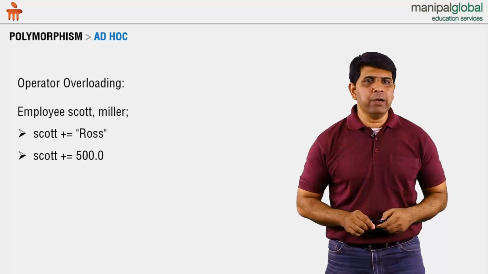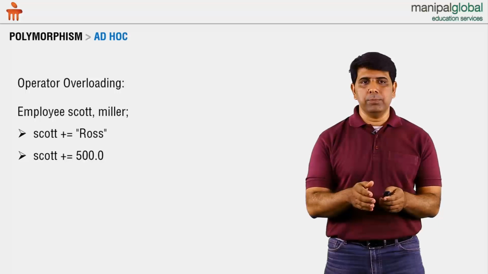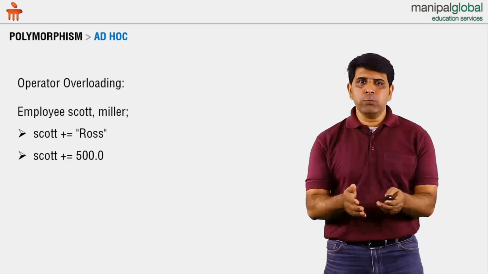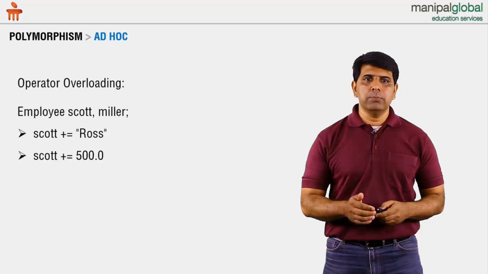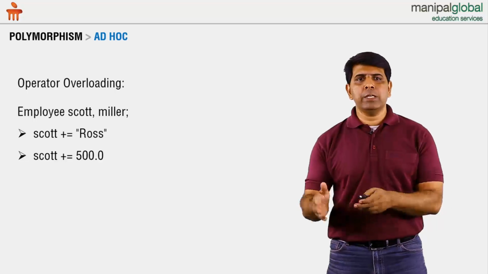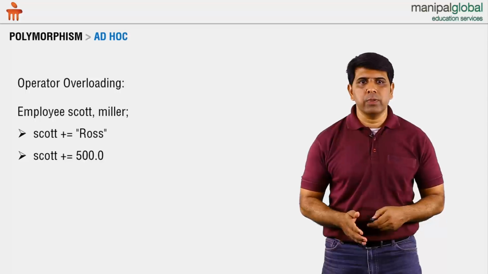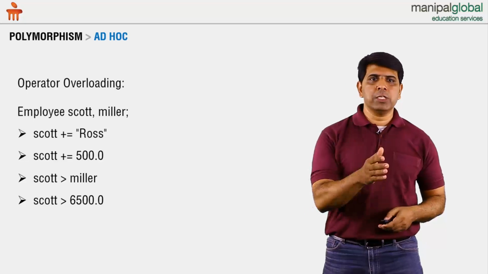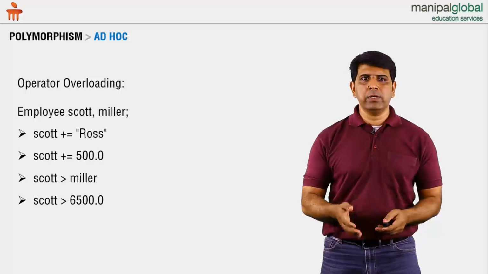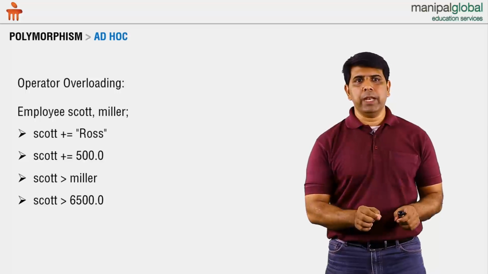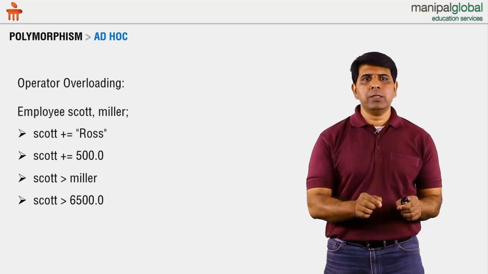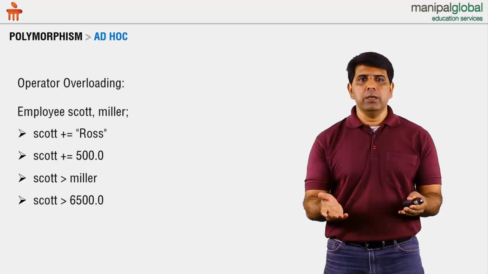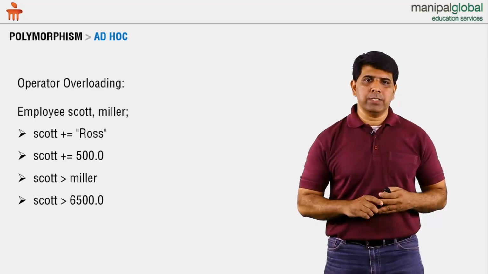Now I might even add 500 here. For example, this time his name wouldn't become 500 Scott, but I might expect his salary to be hiked by $500. Now here we are comparing Scott with Miller, and I'm comparing Scott with 6,500. What are we doing here? In the first scenario, Scott is being compared with Miller, but you need to define what that comparison is.